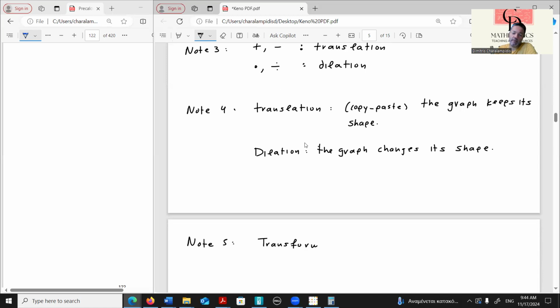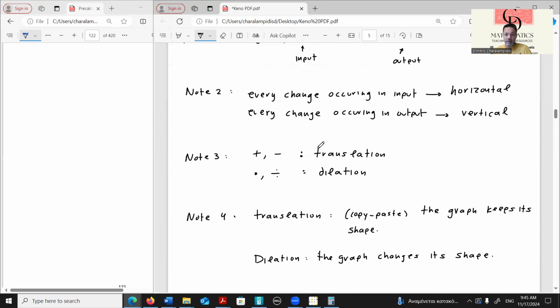And finally, it's not exactly a note, but we should know that the big family of transformations can be split into translations, dilations, and finally reflections, and we will learn all three of these categories.